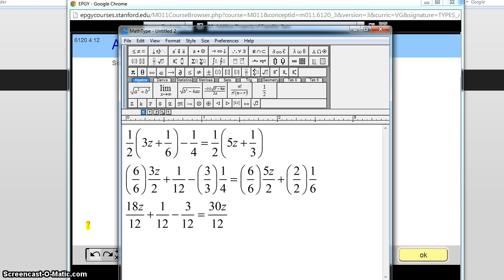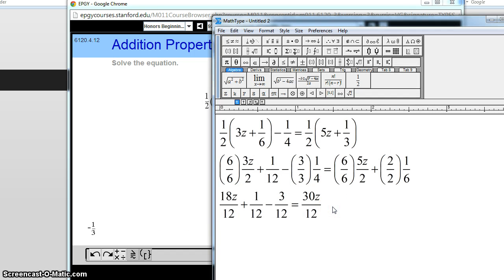And then 2 times 6 is 12, and 2 times 1 is 2, so we get plus 2 over 12. Okay. And now we see that we have a common denominator across the whole thing.